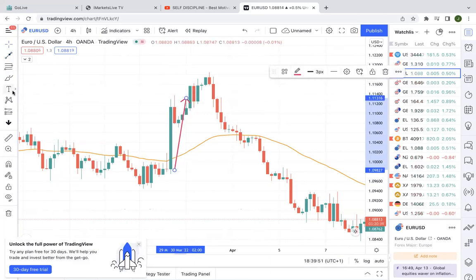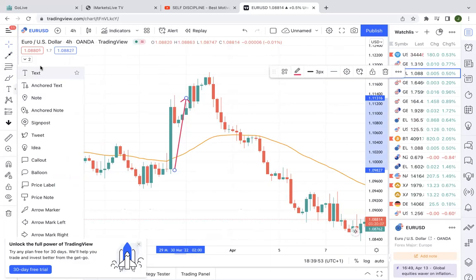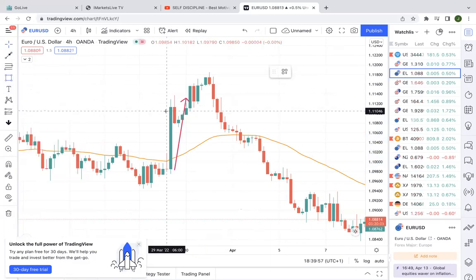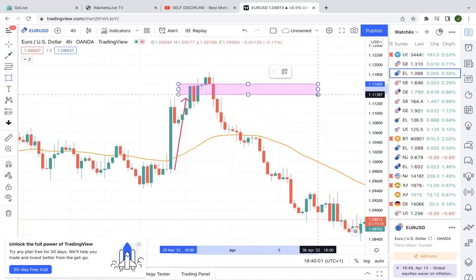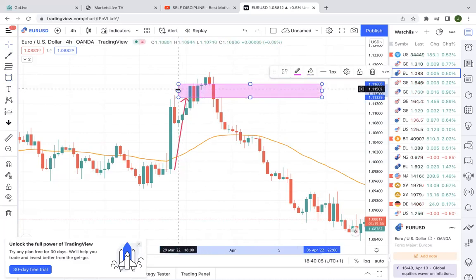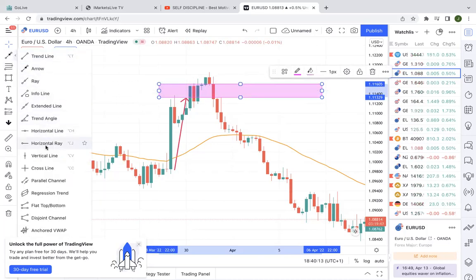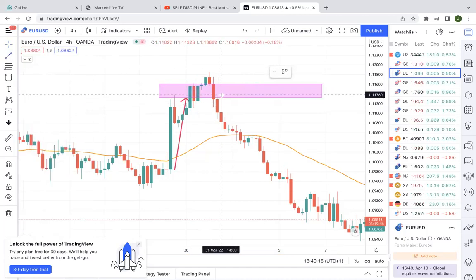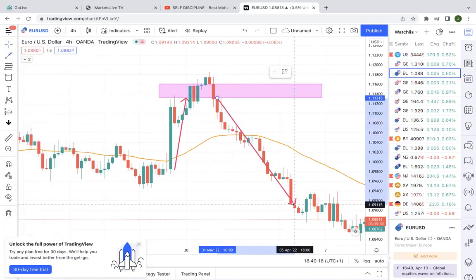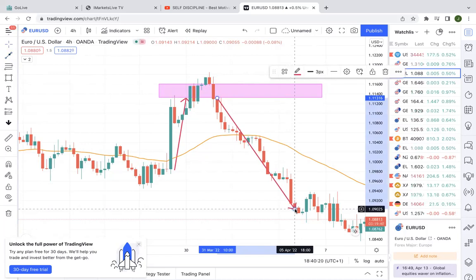A base is when we have consolidation, right? Price is just moving sideways. And then it did indeed drop, right?